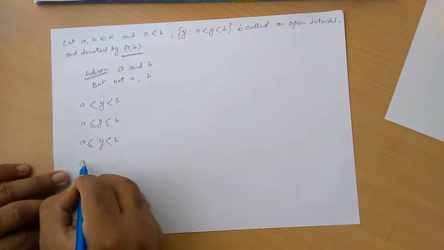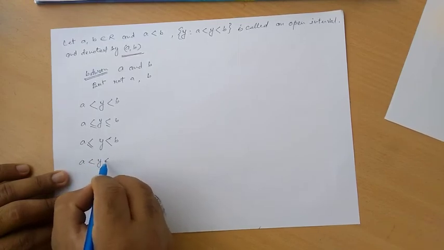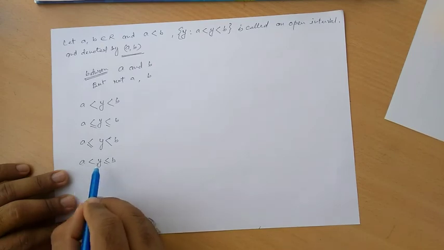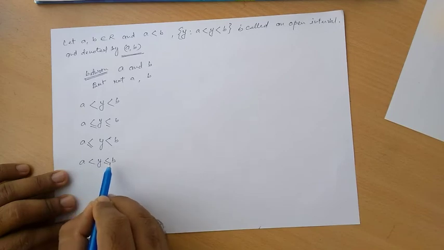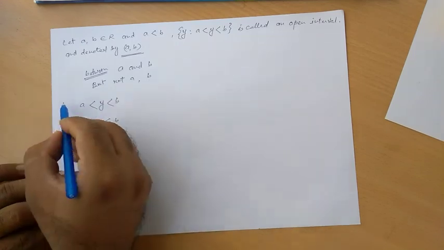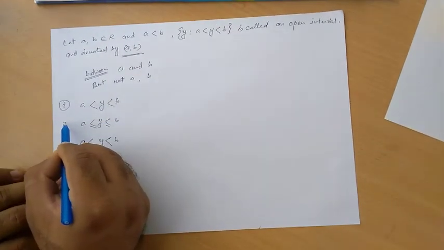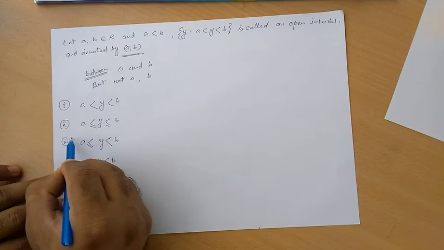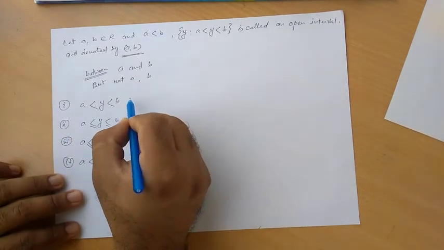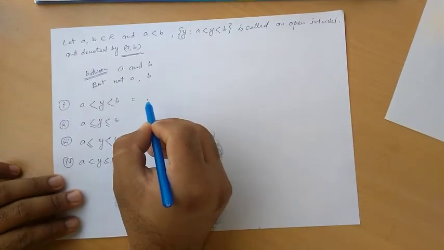And another one is y is in between a and b, such that it is greater than a but less than or equal to b. That means it can include the value b. So these are the four types of intervals we have seen over here, and we will represent them by brackets also.